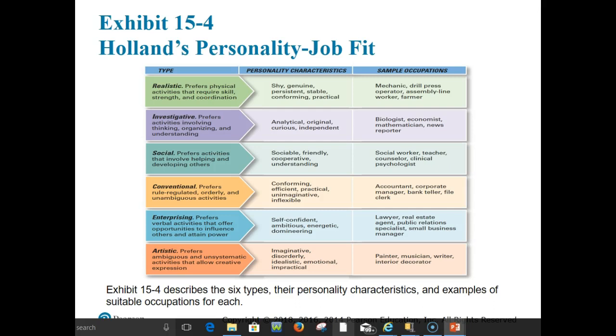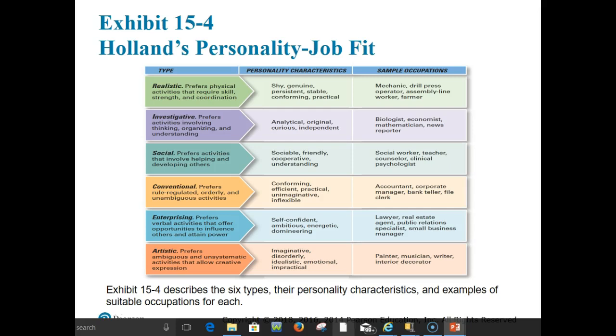So you have realistic people. They prefer physical activities that require skill, strength, and coordination. Their personality characteristics: shy, genuine, persistent, stable, conforming, and practical. Sample occupations would be mechanic, drill press operator, assembly line worker, or a farmer.